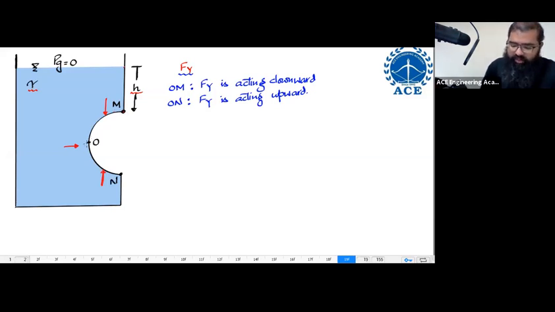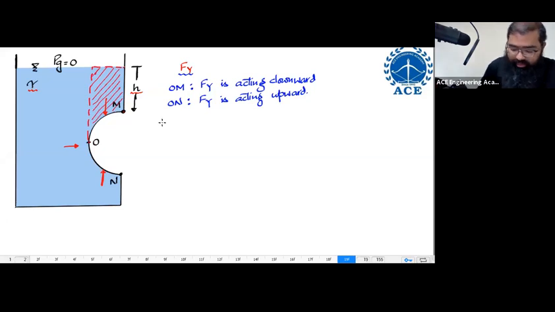For OM, I'm going to take the volume above this particular interface. So let us say I'm going to start over here. The volume above this particular curved surface till the interface. So basically this much volume I'm supposed to consider. This is for the OM region.